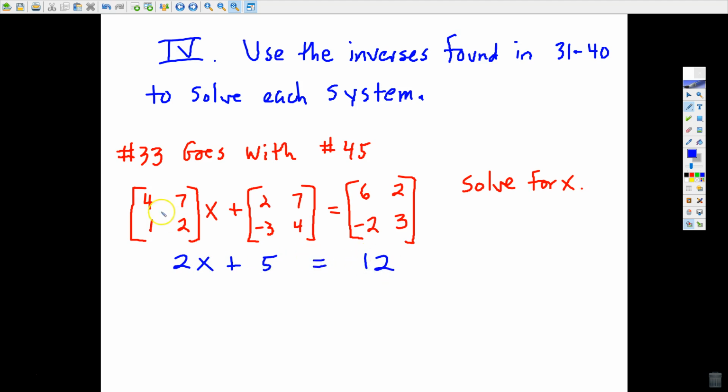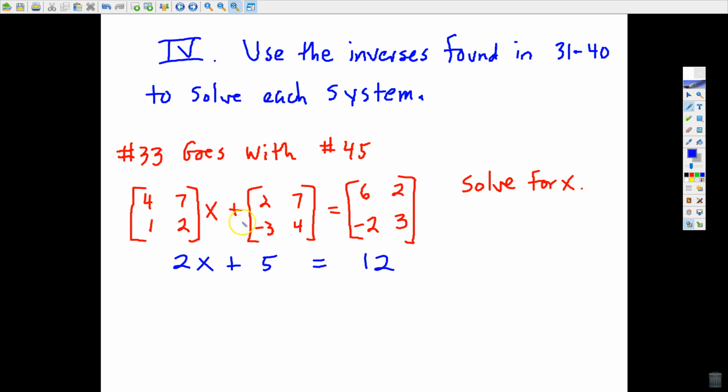Instead of matrices in Algebra 1, you just had regular numbers. In place of this matrix, maybe just a number 2, and there was a number here in place of this matrix. So if you took the blue equation, what would your first move be to solve for x? You would subtract 5. Then your next move would be to divide by 2. That would be the logical choice.